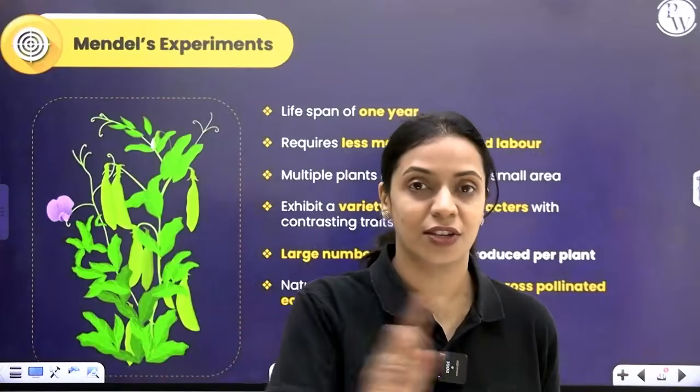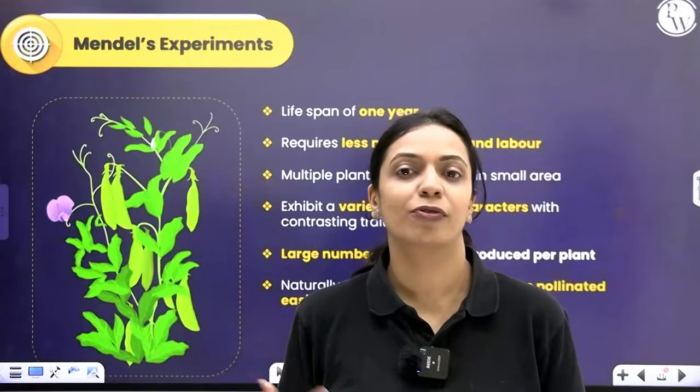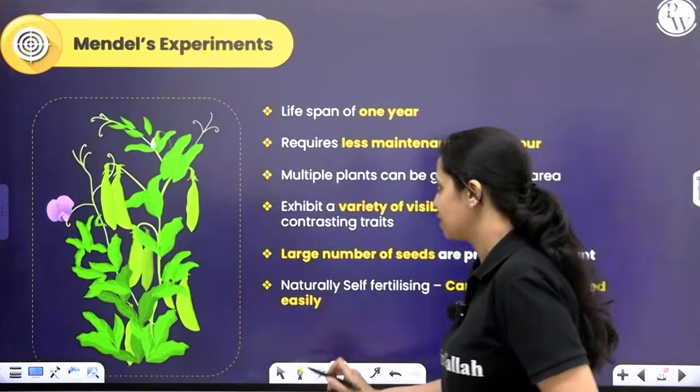You want the next generation very fast so that you can do your studies. Over here, since the lifespan is less, you will get the next generation very quickly so that you can perform your experiments and make necessary observations and inferences from the experiments, right? Short lifespan always helps in genetics study, right? So that is one advantage. It has a short lifespan.